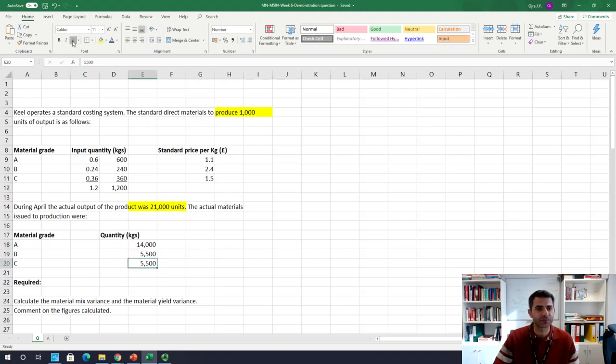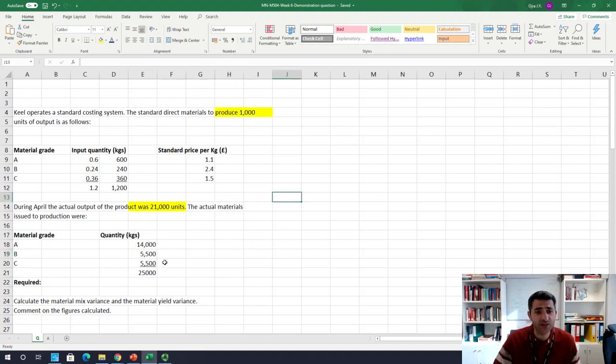If you add them all together, that's 25,000 kilogram, the actual material used, to produce 21,000 units, the actual output.